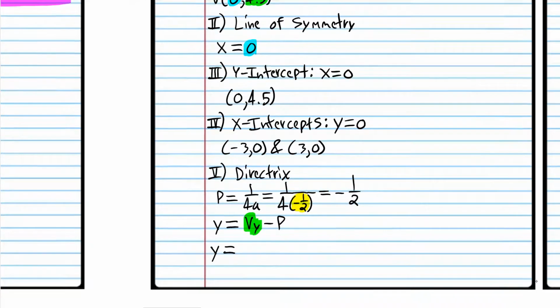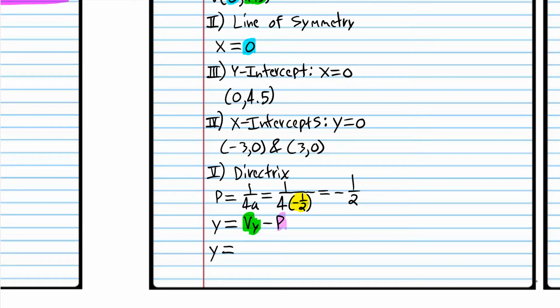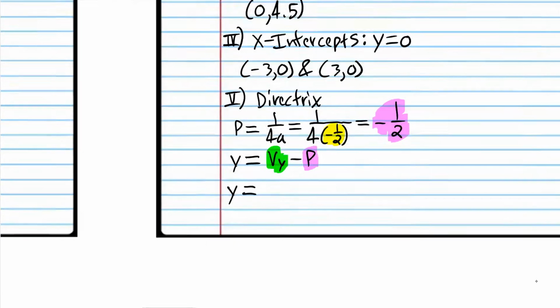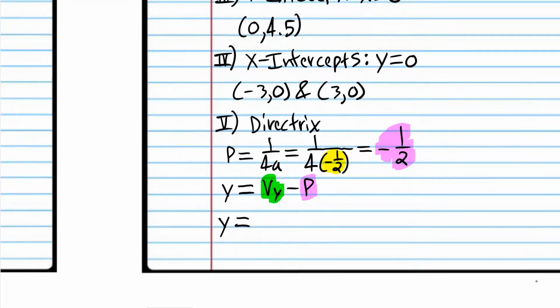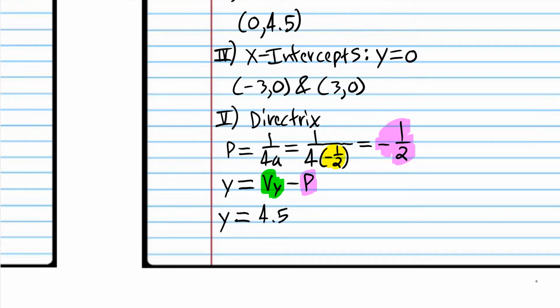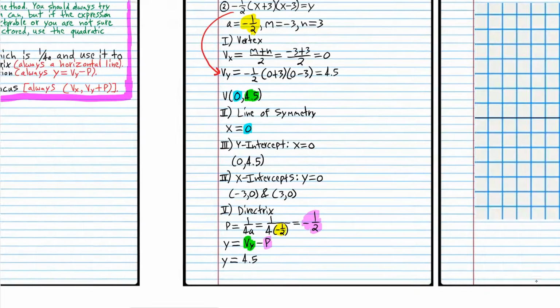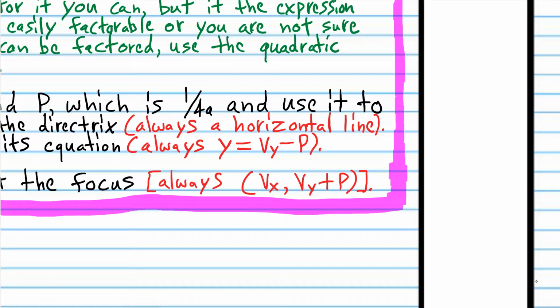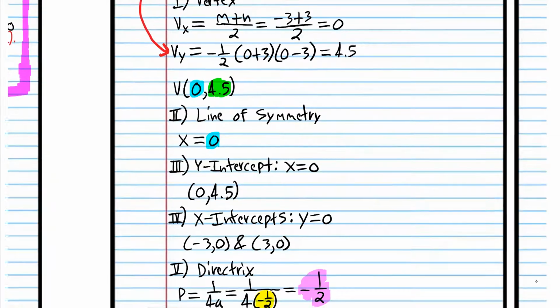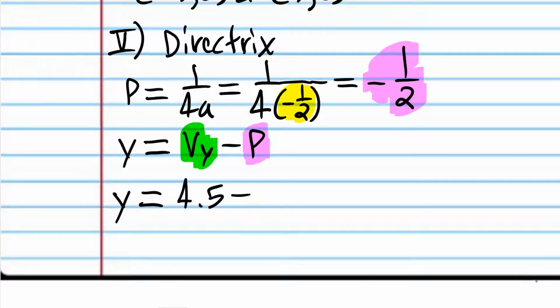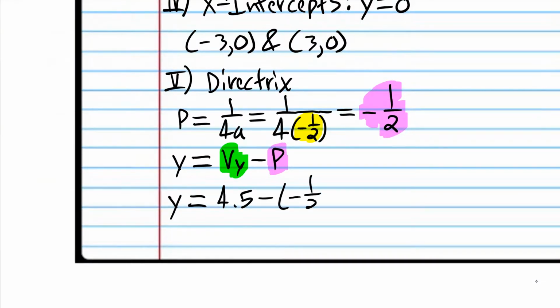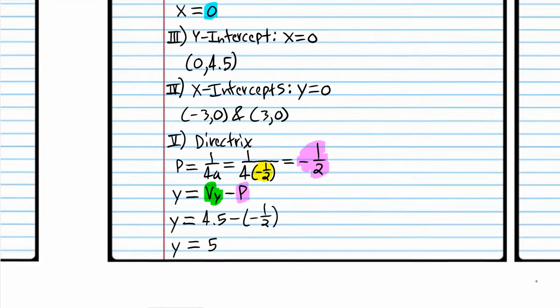And p will make some purplish color here. p is -1/2. So the y value of the vertex is 4.5, and p is -1/2. So if we simplify this, we get y is equal to 5. So that's the equation of the directrix.